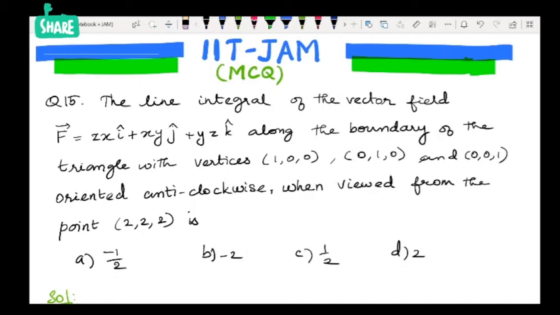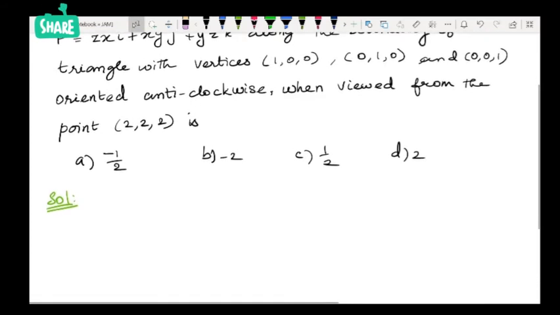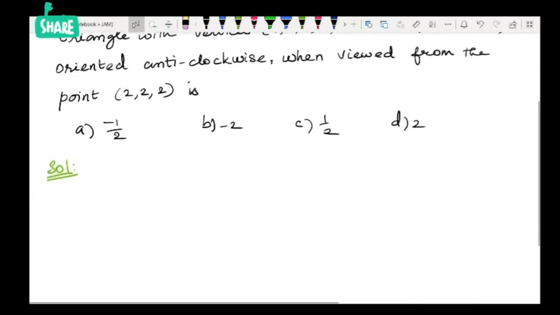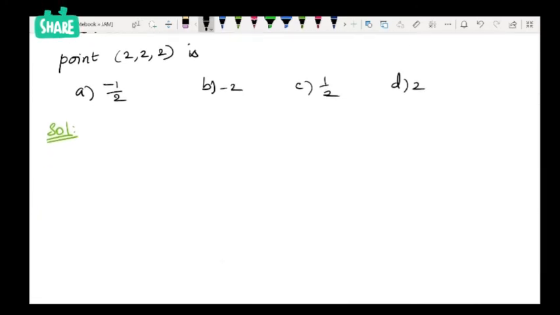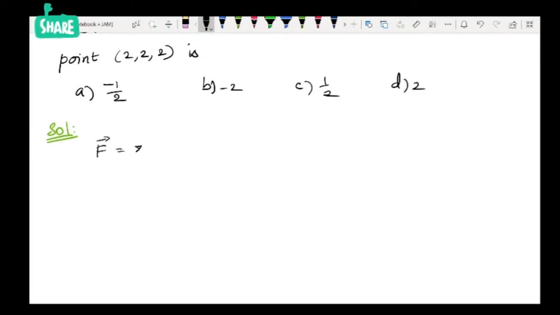We need to find the function when viewed from the point 2 comma 2 comma 2, which means we are just gonna find the integral f dr. So f is actually zx i plus xy j plus yz k, and before the integral, let me write the points of the triangle first. A is 1 0 0, B is 0 1 0, and C is 0 0 1.